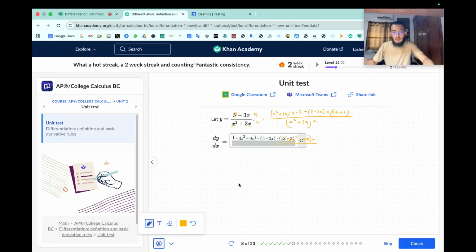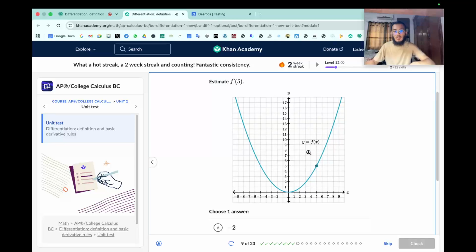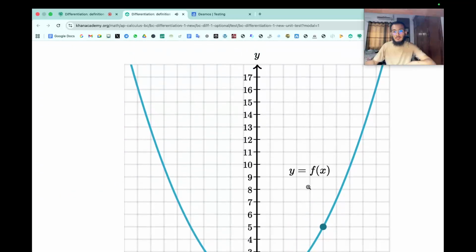In the denominator, x squared plus 3x squared. There we go.